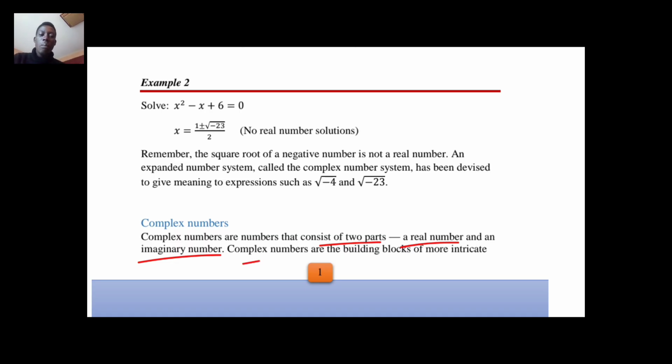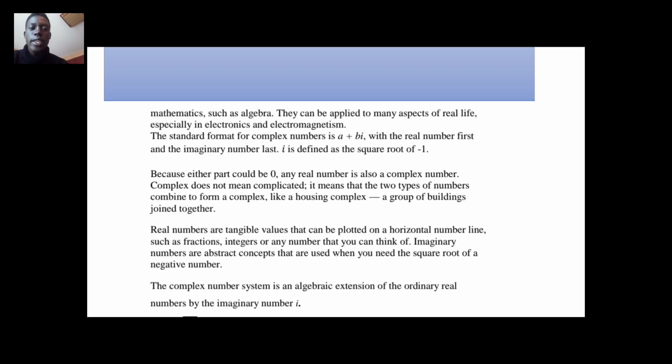Complex numbers are also the building blocks of intricate mathematics, for example algebra. They can be applied in many aspects of real life, especially in electronics and electromagnetism.